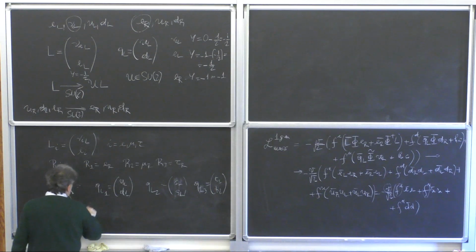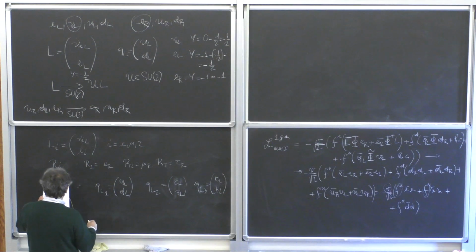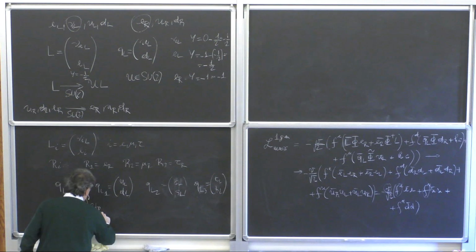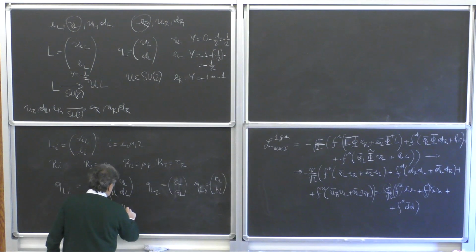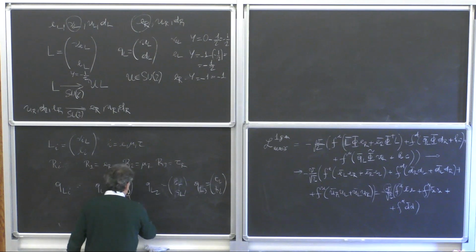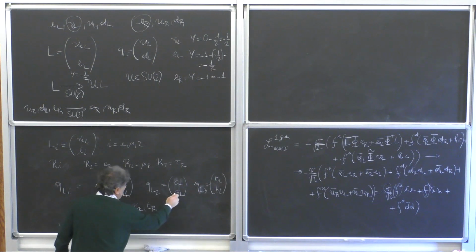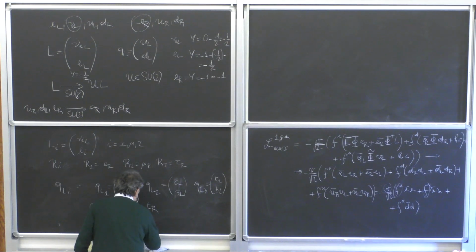And for all the right ones, we have, let's say, U_Ri, the right part for the up, u, c, top, and D_Ri for the lower component, so d_R, s_R, bottom R.